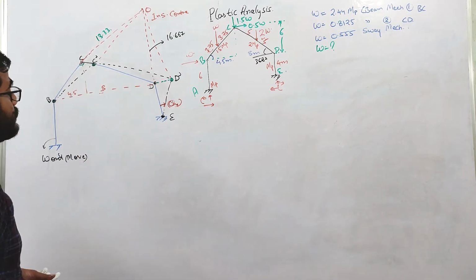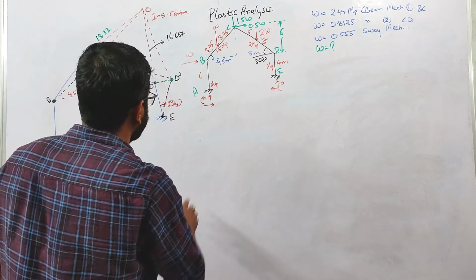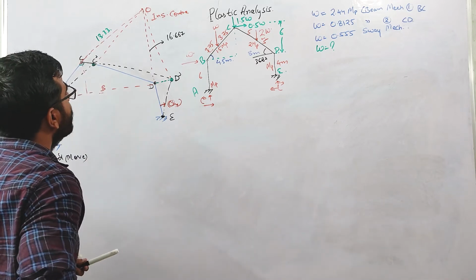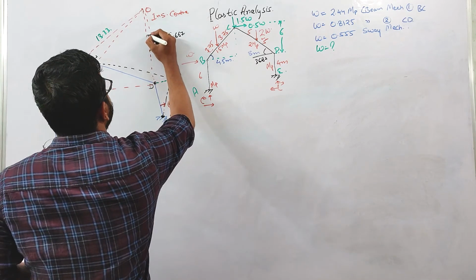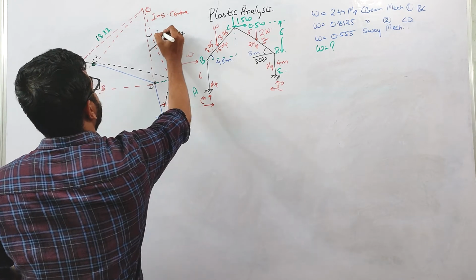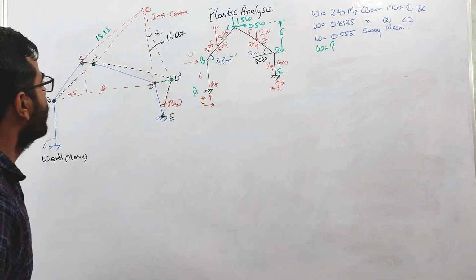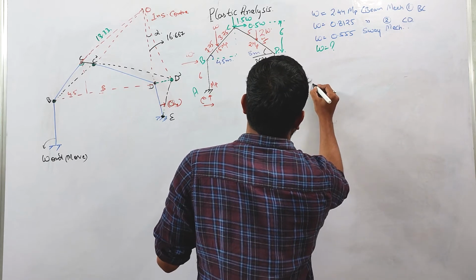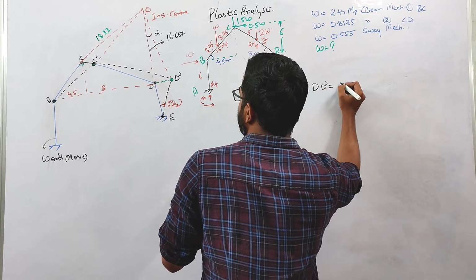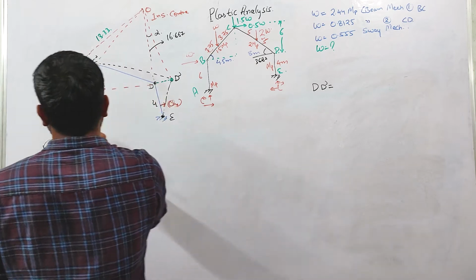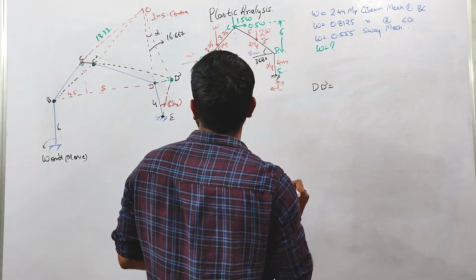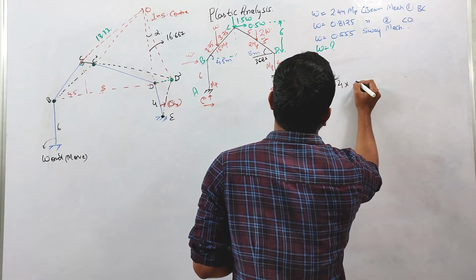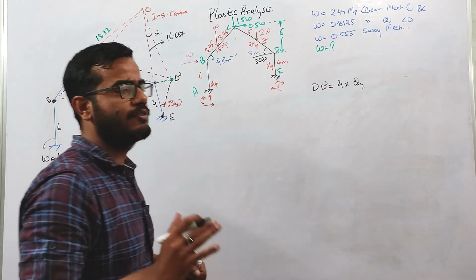So I can say that OD, let us suppose this is alpha. First, what is DD dash? DD dash will be equal to, this is 4 meter, this is 6 meter, DD dash will be equal to 4 into theta 4, because theta 4 is very small.